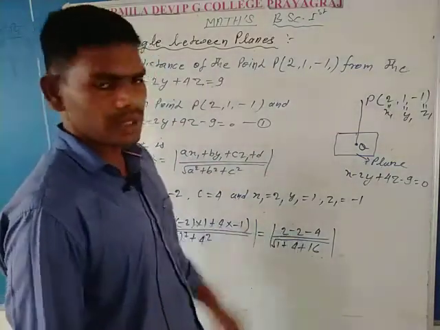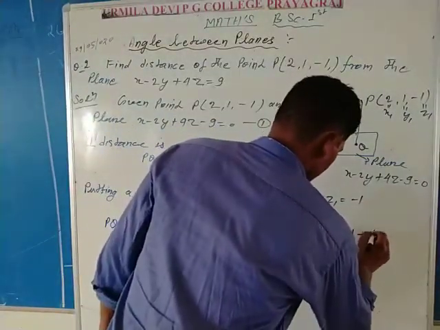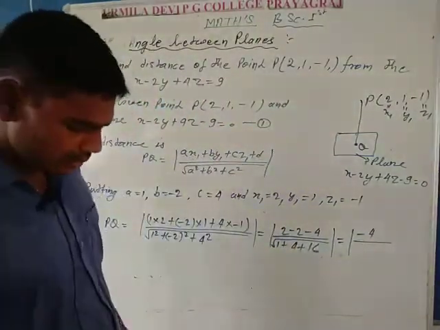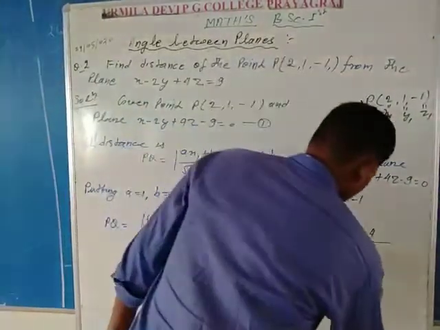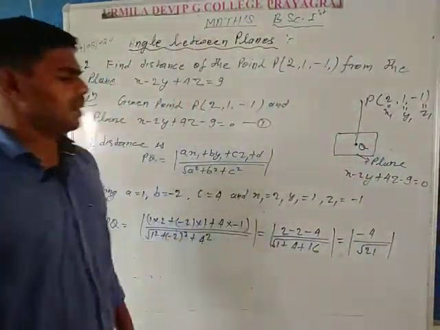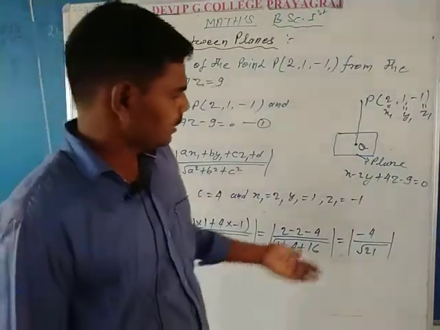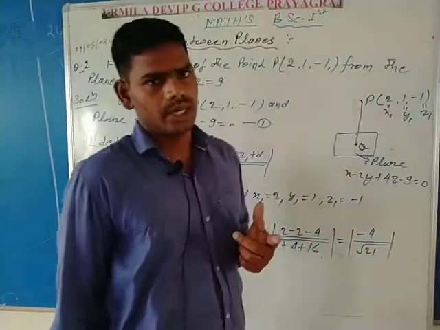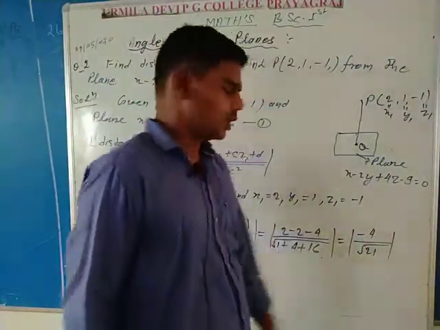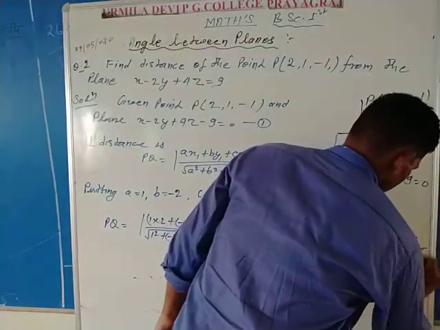Here 2 minus 2 cancel each other and what remains is mod of minus 4 divided by under root of 1 plus 4 plus 16, which is 21. So the length is minus 4 divided by under root 21, but you know that length is never a negative sign, therefore we take the modulus, and numerically it is equal to 4 by under root 21.